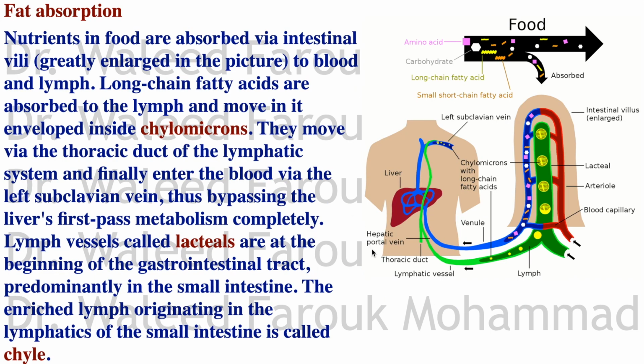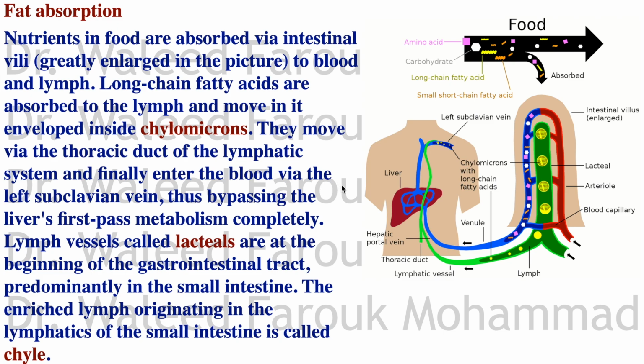For example, fat absorption. The main route for lipid absorption: after being acted upon by the bile salts secreted by the liver, long chain fatty acids are absorbed into the lymph in the form of chylomicrons. Then through the thoracic duct of the lymphatic system and through the left subclavian vein into the systemic circulation.